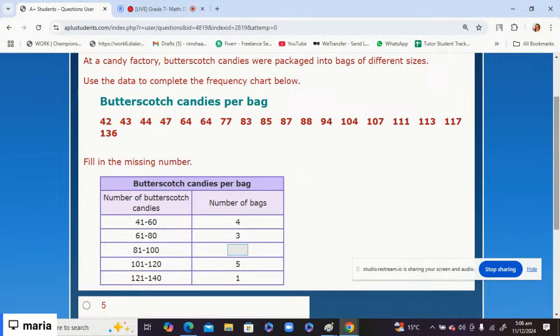They gave us the interval. In 41 to 60, all the numbers 41, 42, 43, 44 and so on are included until 60. So check, are there any numbers from 41 to 60?